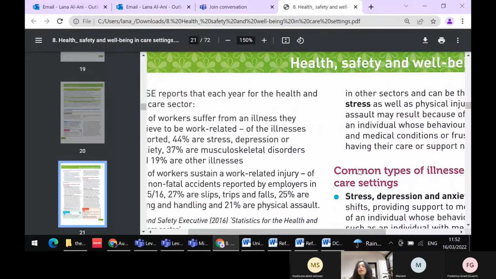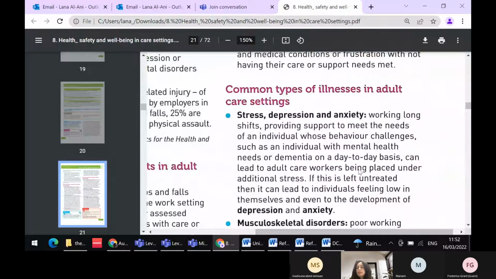So first of all, there are common types of illnesses for adults, like stress, depression, anxiety, from working long shifts to support people's needs. It might give you all these types of illnesses like stress, depression, anxiety. Why? Because your body is not resting enough. Your mental health is suffering.